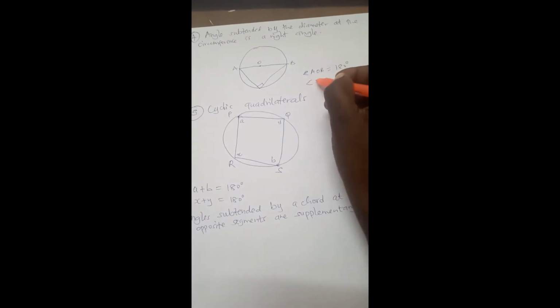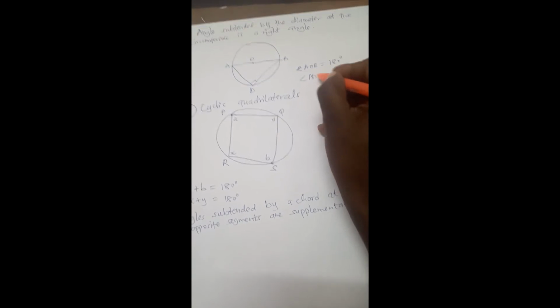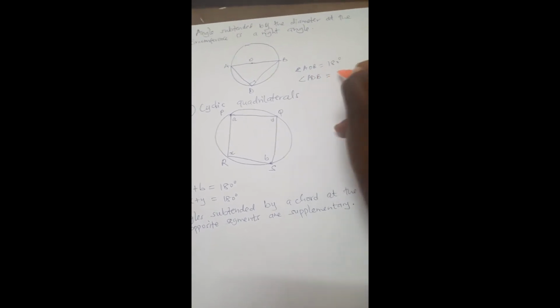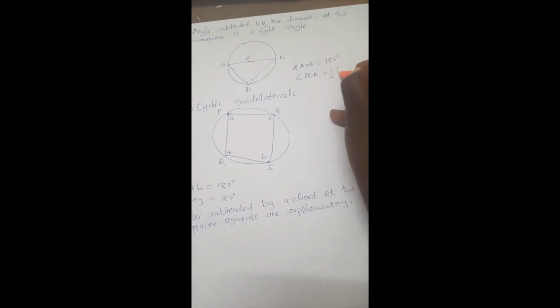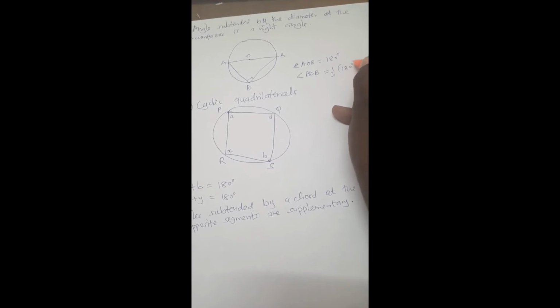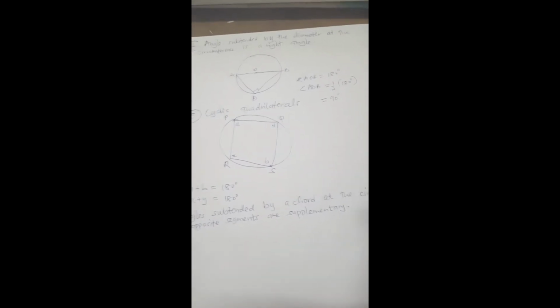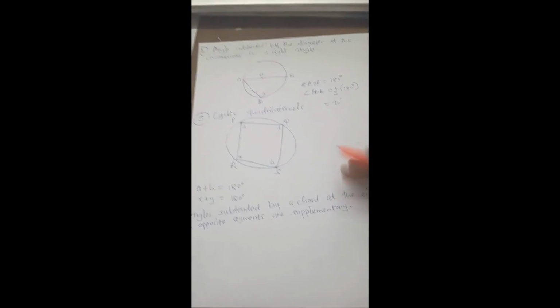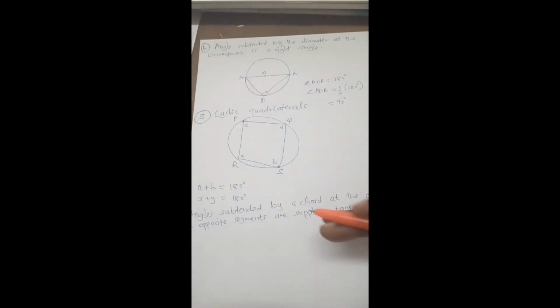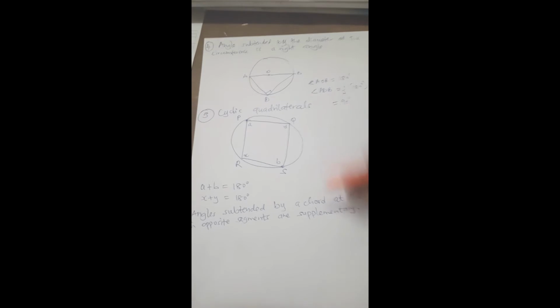So the angle at the circumference, ADB, is equal to half the angle at the center. So therefore, the diameter will always subtend 90 degrees at the circumference. So that is another property we have to remember, that the diameter will always subtend a right angle at the circumference.